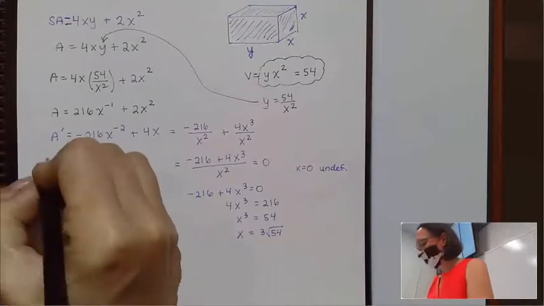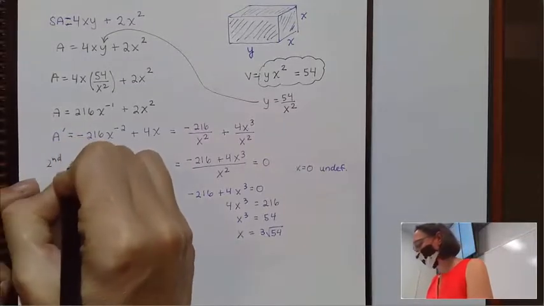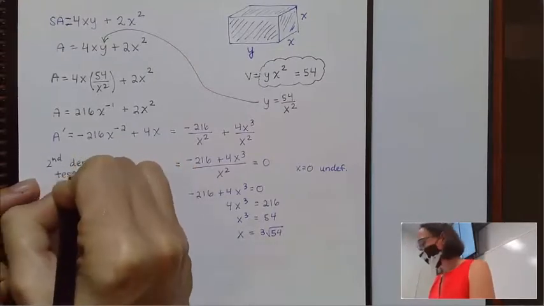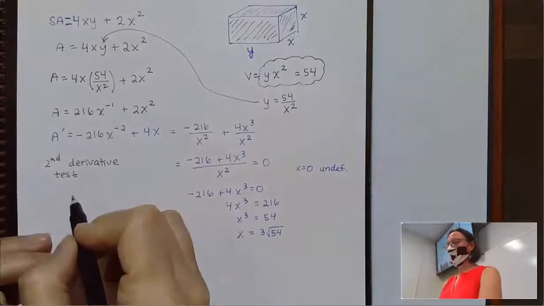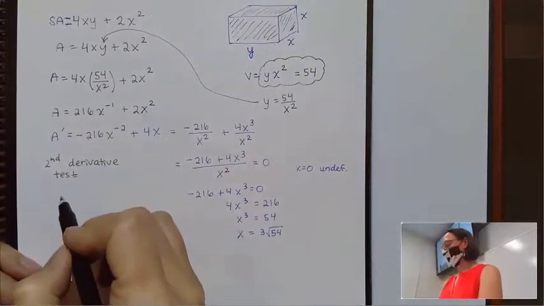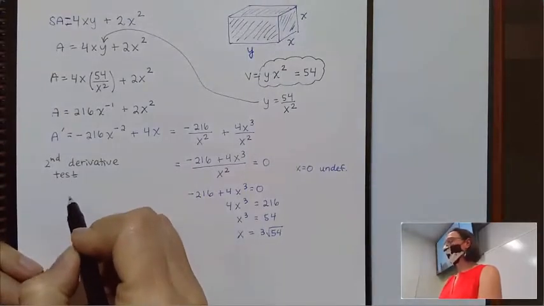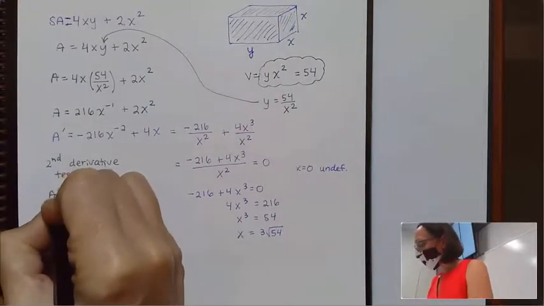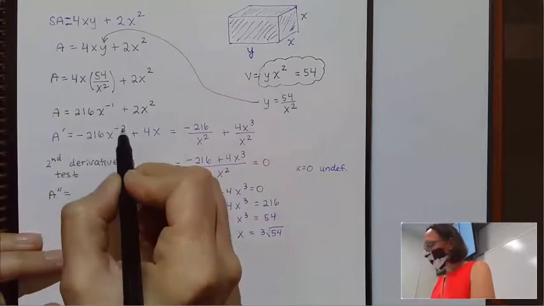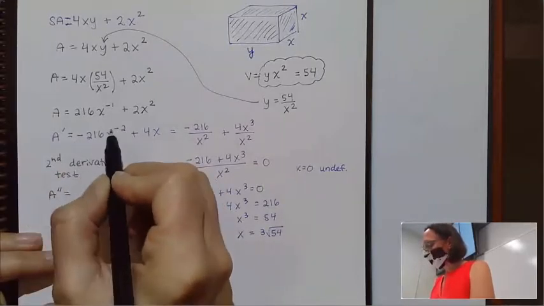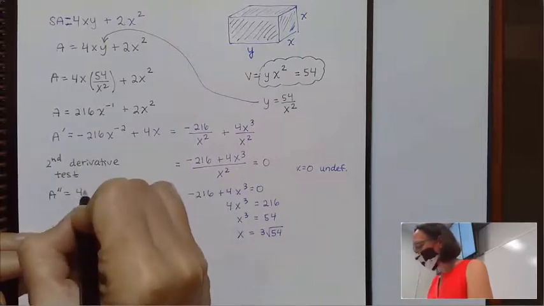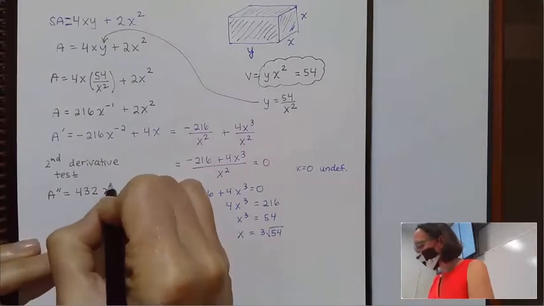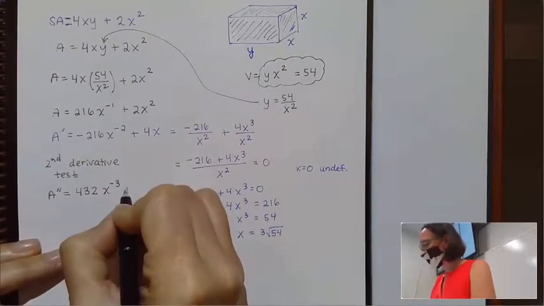So if I go by the second derivative test, if it's going to be a relative minimum, I'm hoping that my second derivative works out to be a positive value. So I'm going to find a double prime. If I bring that -2 down, 2 times 216, that would be 432. My negatives will cancel out, and I've got x to the -3rd plus a 4.